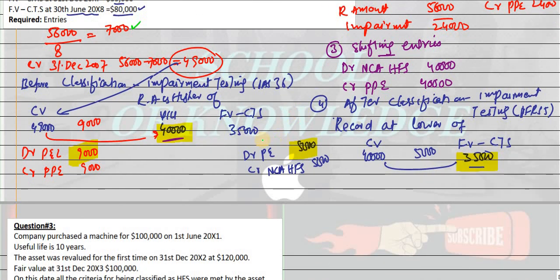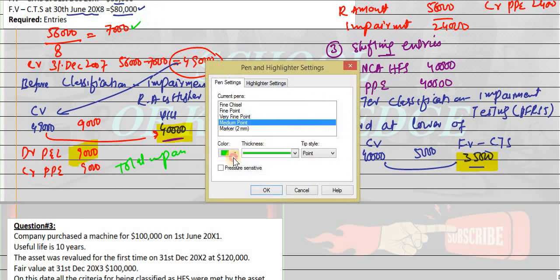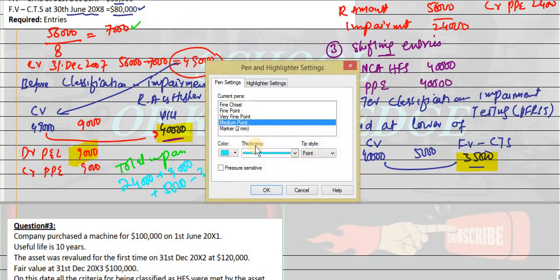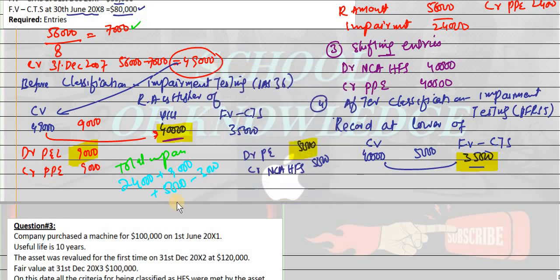Now we have here the total impairment, and the total impairment is 24,000 plus 9,000 plus 5,000 less the 3,000 reduced depreciation. We have to deduct the reduced depreciation. So the amount will be 35,000.